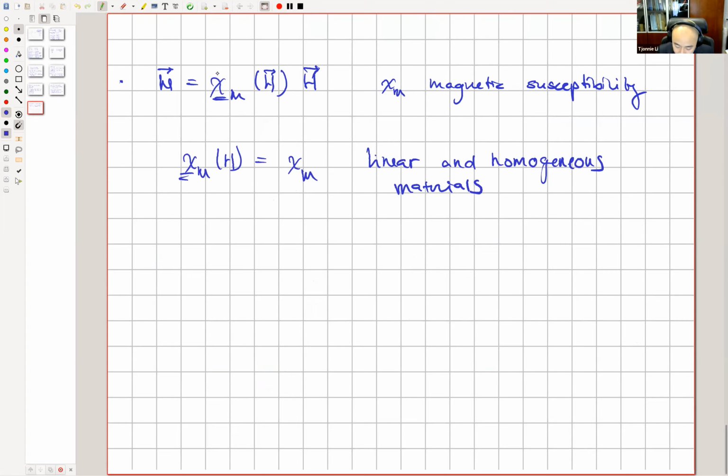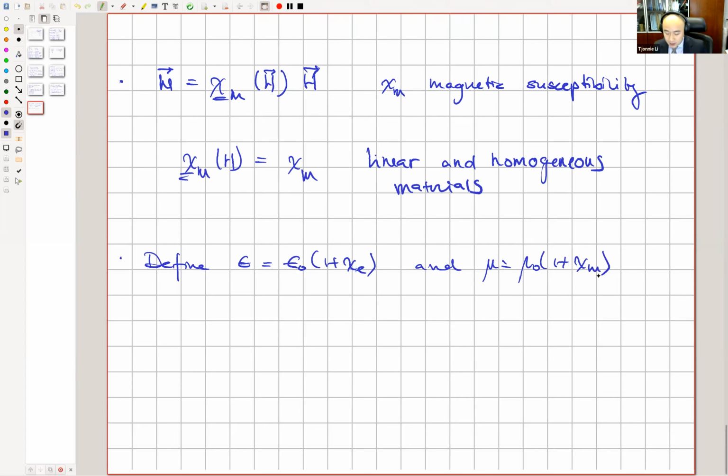So what does this mean for the displacement field, and what does this mean for the auxiliary field? Let's take a look there. We can first define the so-called epsilon. So define epsilon equals epsilon naught times (1 plus chi e), and mu equals mu naught times (1 plus chi m).